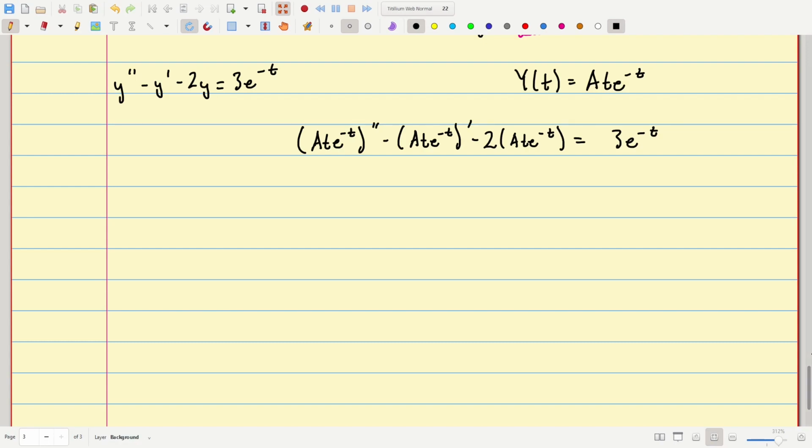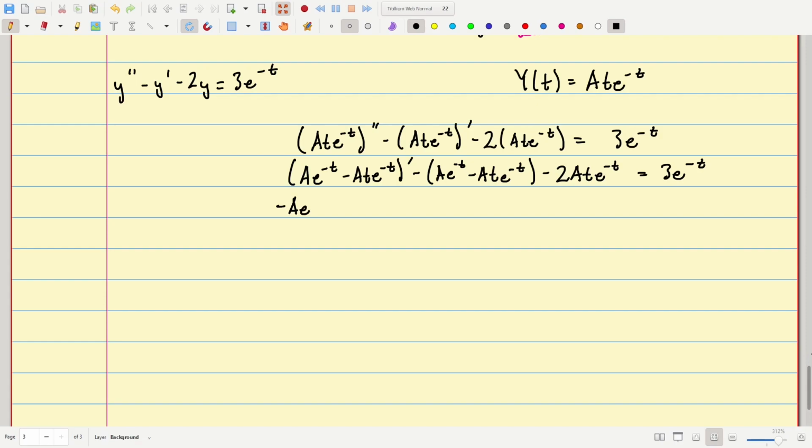Derivative of the first function, leave the second function alone, plus the derivative of the second function, leave the first function alone. That still needs to be differentiated again. This is the same expression, and this one just gets copied. Now we differentiate again.